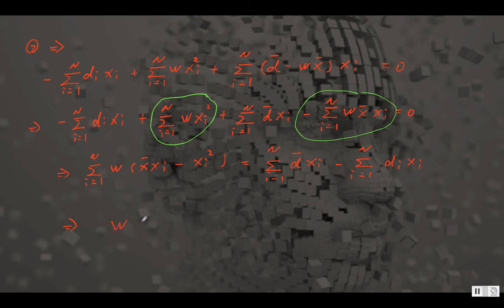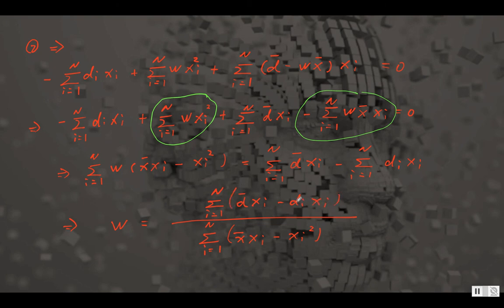We can get w equal to nothing but summation i equal to 1 to n of x bar xi minus xi square on the denominator, and the numerator equal to summation i equal to 1 to n of d bar xi minus di xi.